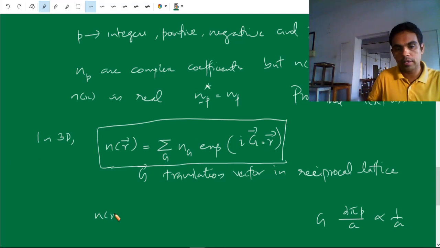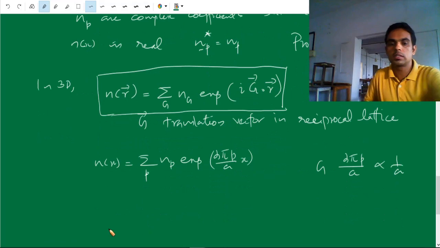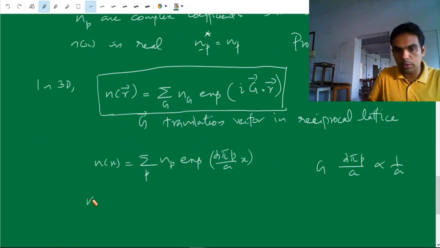So we have n of x equal to the summation over p of n_p exponential 2 pi p x by a. The complex coefficient n_p can be written in the form of an inverse Fourier series.